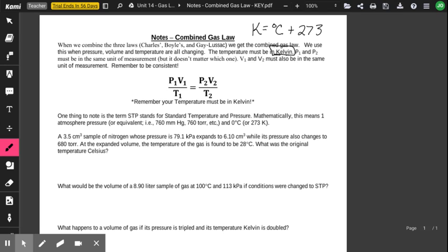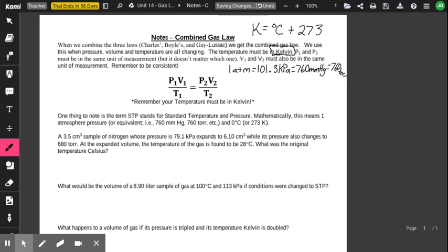But if not, let's do a quick look at what they are. So if I've got 1 atmosphere, that's going to equal 101.3 kPa, kilopascals, which is going to equal 760 mmHg, which is going to equal 760 torr.